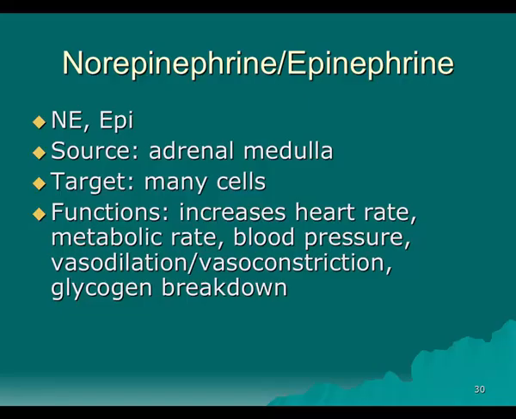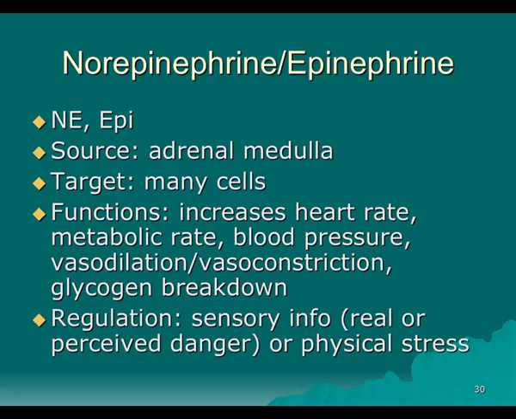So it literally targets almost every cell in the body. We release epinephrine as a result of stress, real or perceived danger, as well as physical problems, for example bleeding or severe pain, that type of thing.